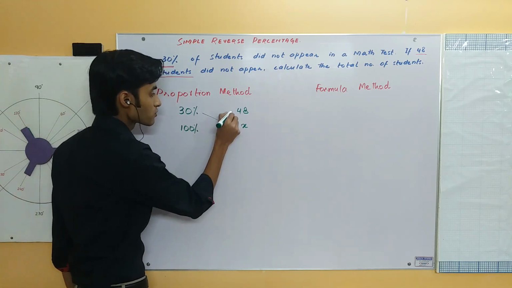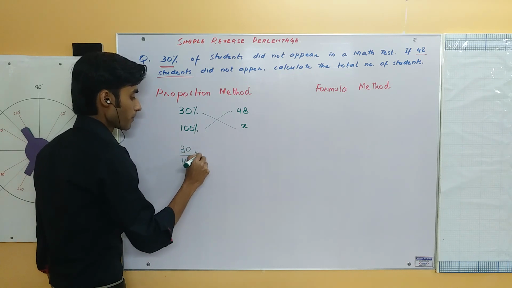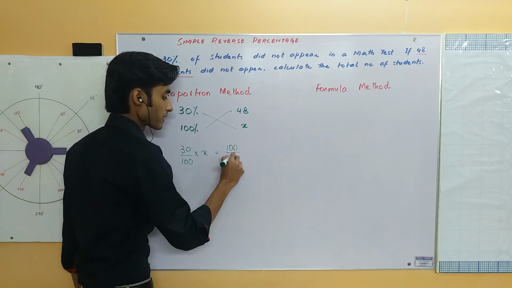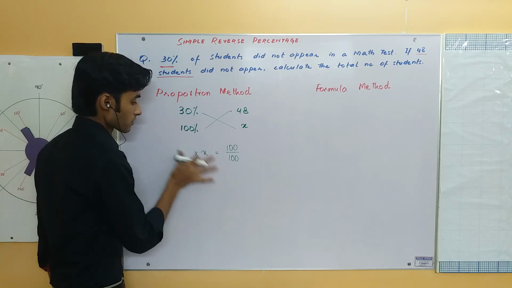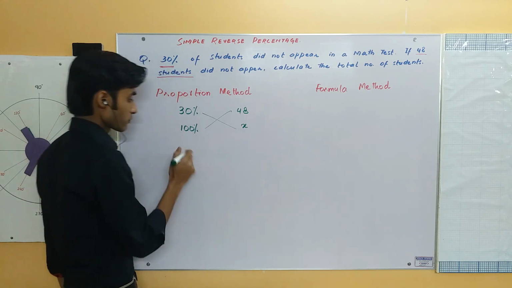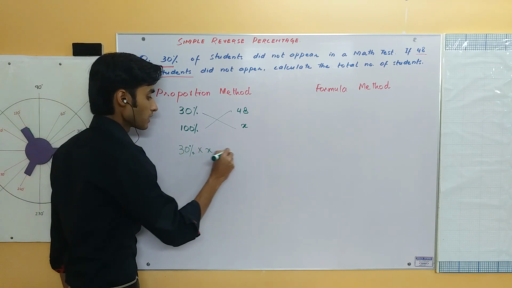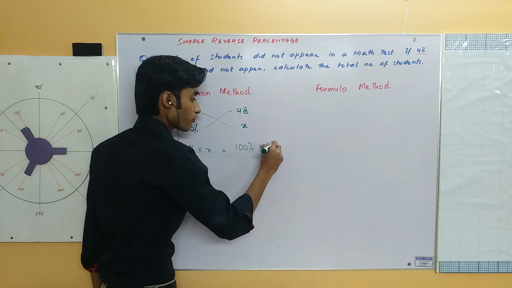We are going to cross multiply these two. 30% multiplied by x is equal to 100% multiplied by 48.